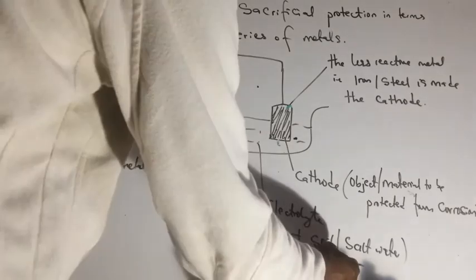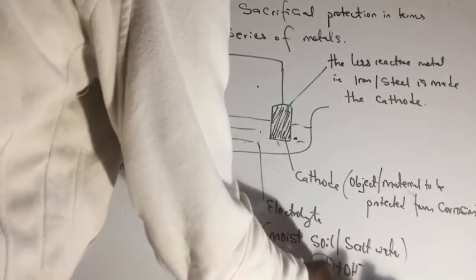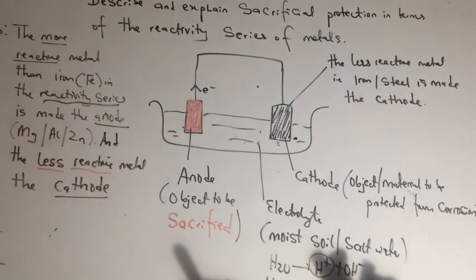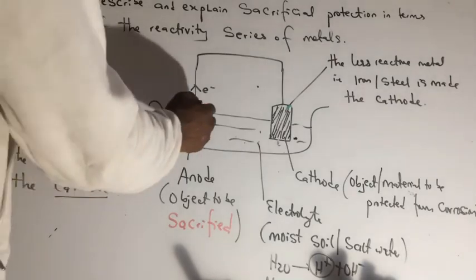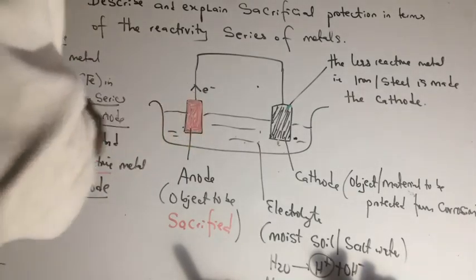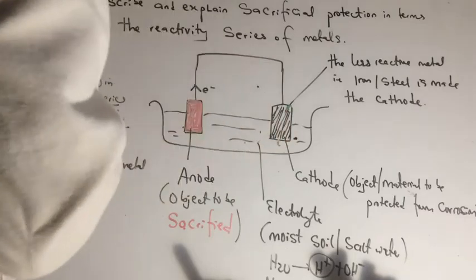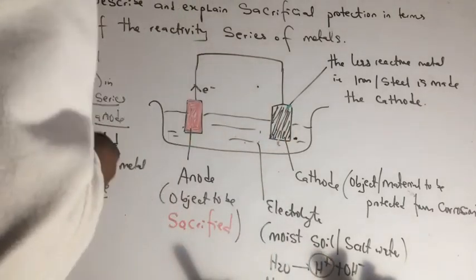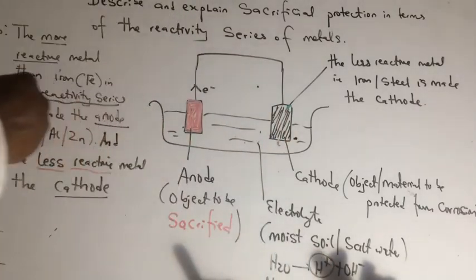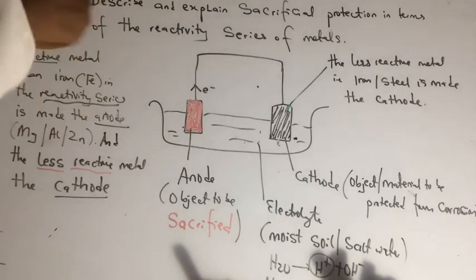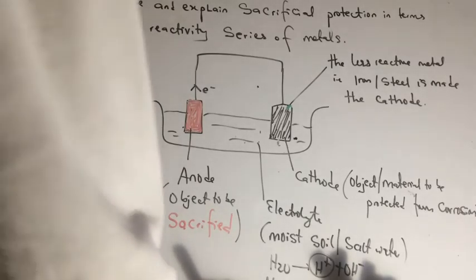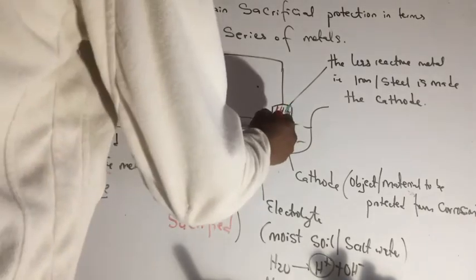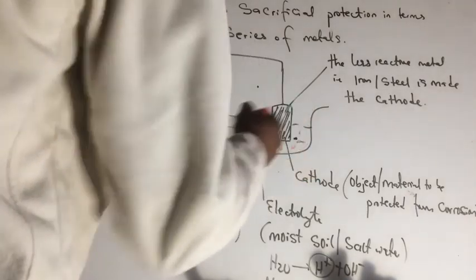You can see the hydrogen, which is less reactive than sodium, so it will be discharged. The electrons lost by the anode pass through and are taken by the hydrogen ion, and you will see bubbles around the cathode.